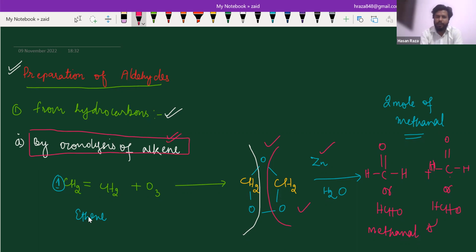So this is the first example. If you have an alkene, that means a double bonded hydrocarbon, you are going to remove this double bond and make a ring-like structure, and then break this bond in the presence of Zn and H2O. Then this O will be eliminated. Now you will be left with CH2O, that means HCHO, 2 moles of methanal you will get.